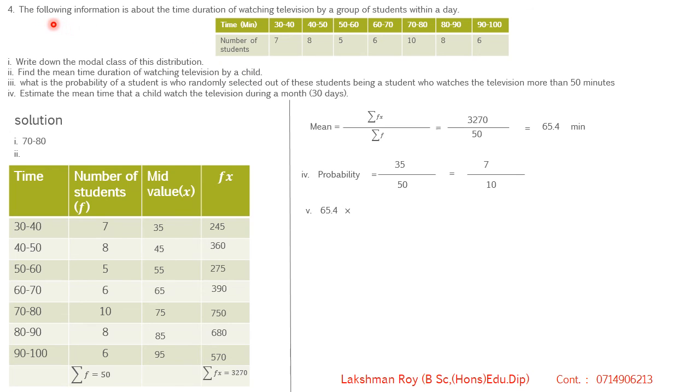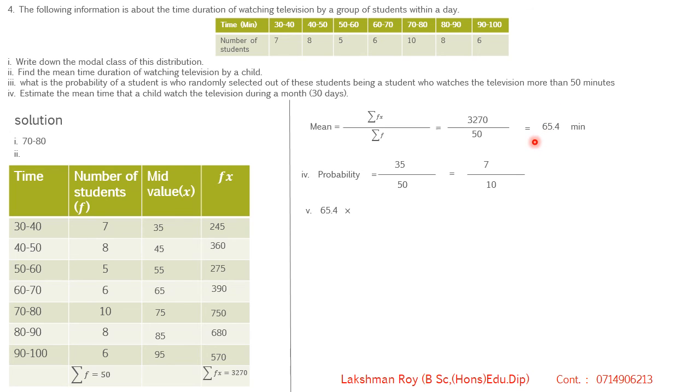The question gives the information for a group of students within a day. So in Roman number 2 we found the mean time within a day.